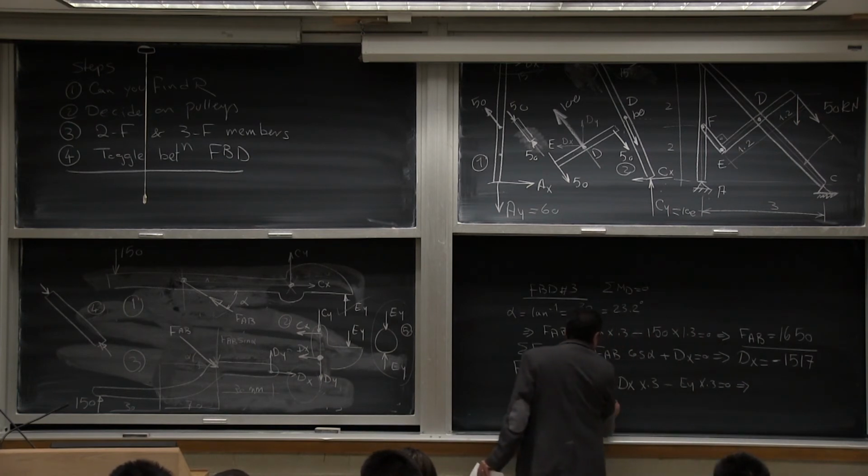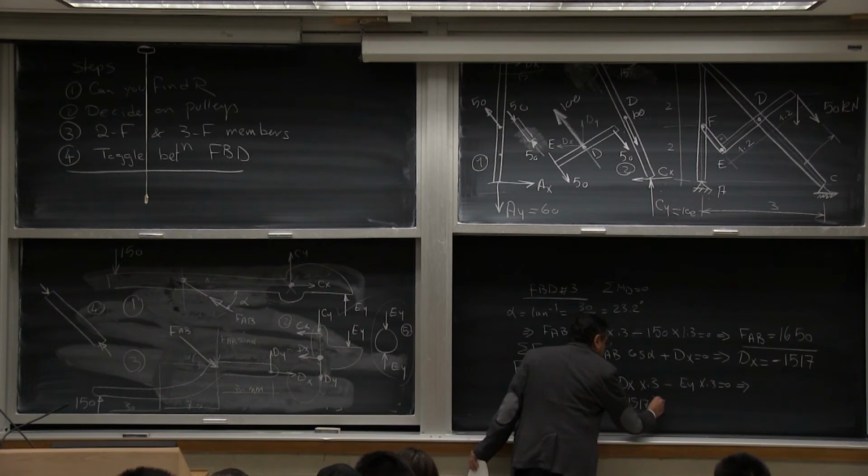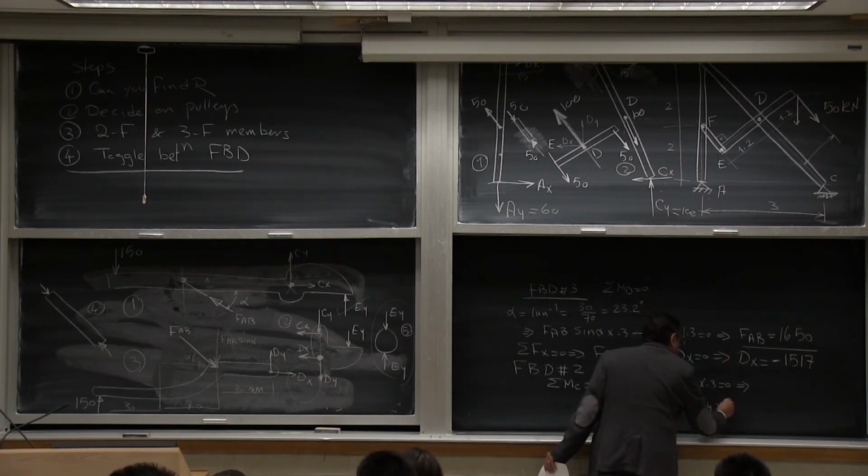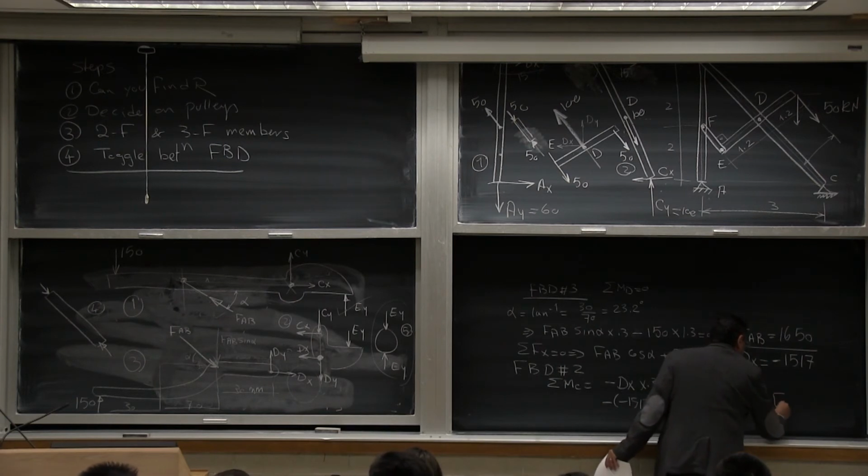So I plug in here minus 1517 by 0.3 minus EY by 0.3. That means EY comes out positive 1517.